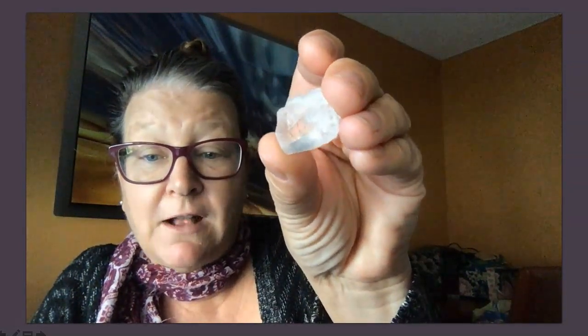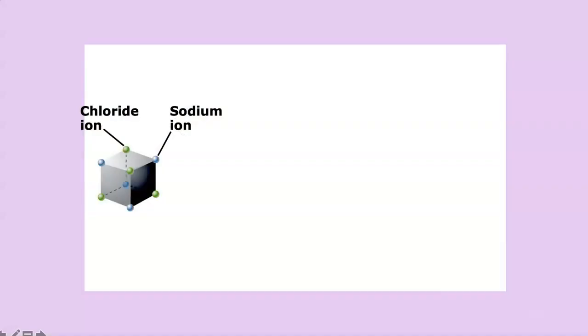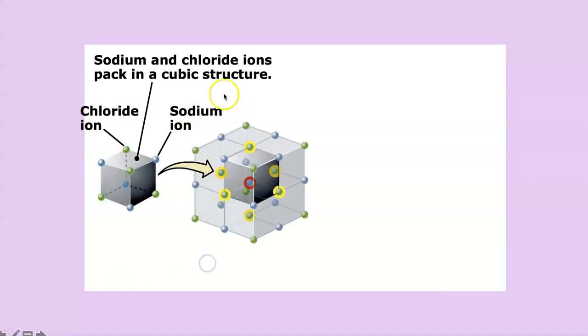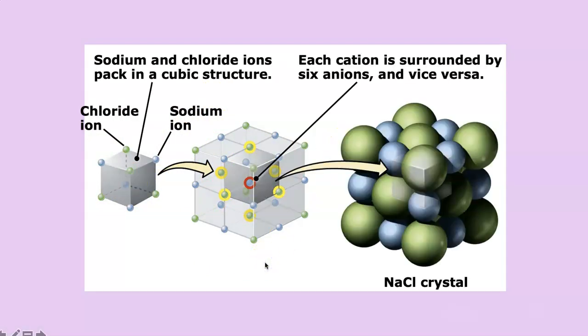And if you look at the salt at your house, at the table, shake some on your hand and look at it real closely, you'll see that it's little cubes. So this is a cubic structure, and it keeps repeating itself until eventually you get a large enough crystal that you can see. So the crystal shape is directly related to the arrangement of the atoms.